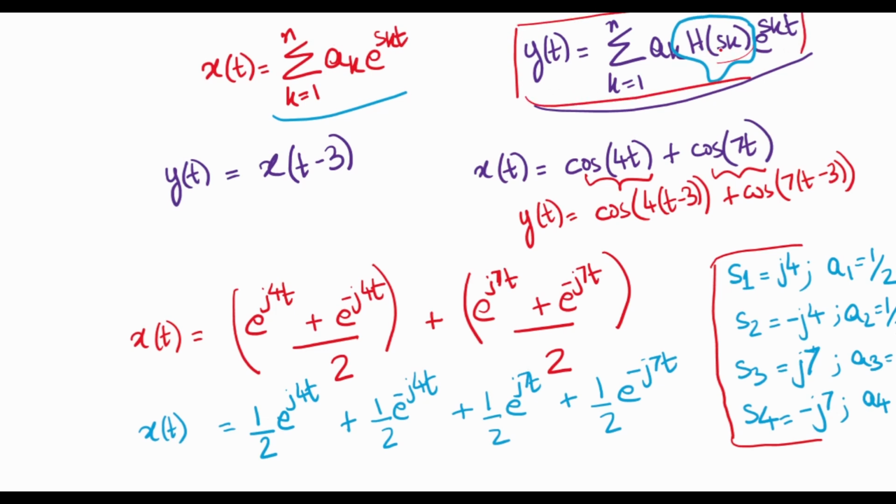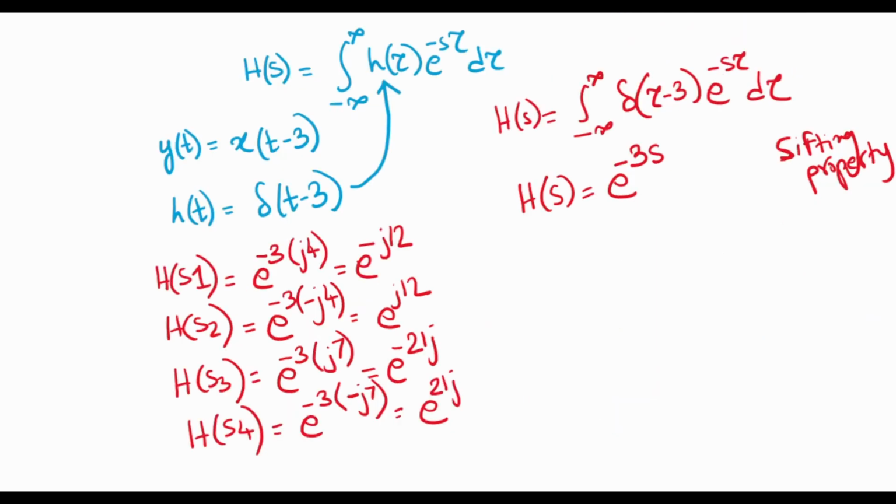So now we have everything we need to construct the output signal y of t. We have the eigenvalues and we also have the coefficients of the input, thus we can construct the output.